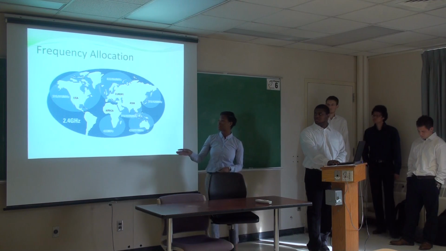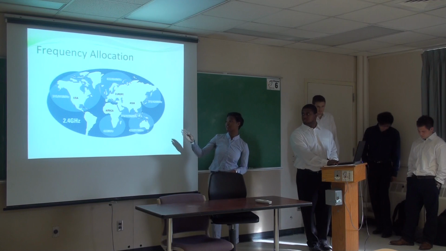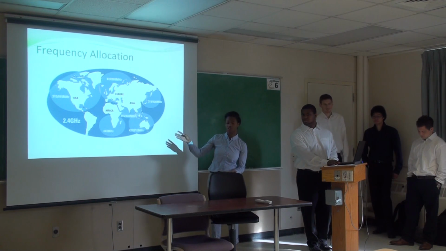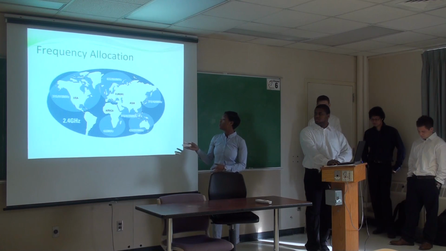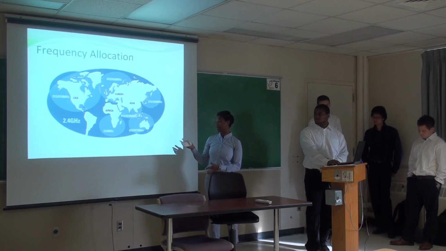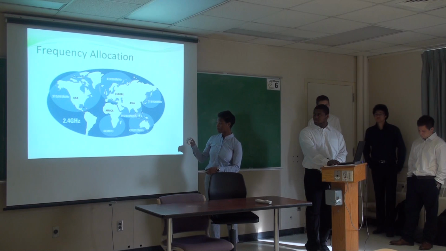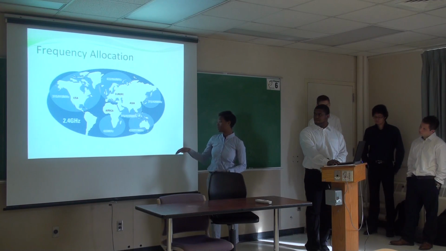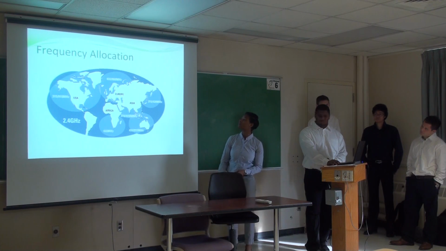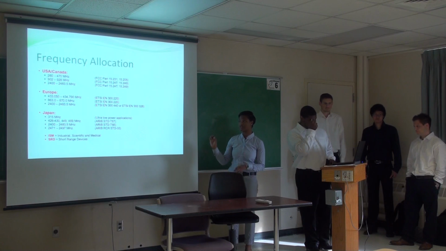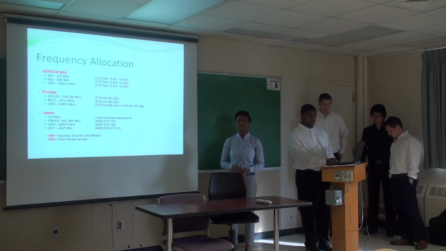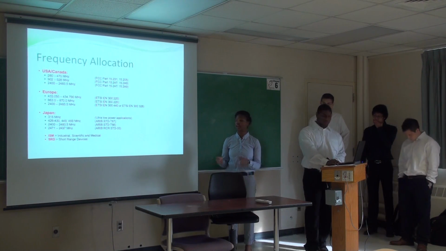In the US, we operate around the 315 to 915 megahertz range, and all these different countries have different frequencies that they operate in the RF bands. These are all center frequencies listed here, and this is an even more specific breakdown. It's all coded by the FCC. You can look this stuff up on fcc.gov.